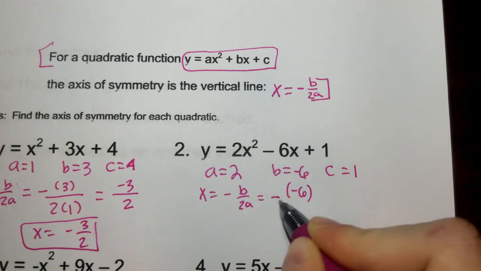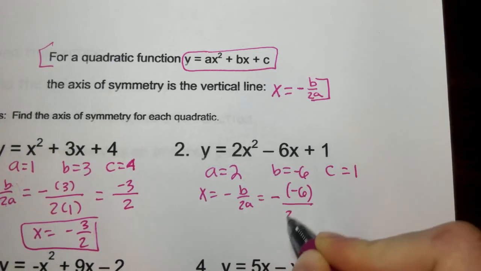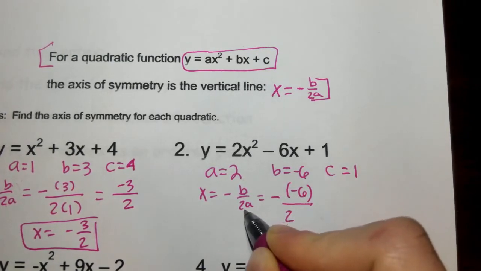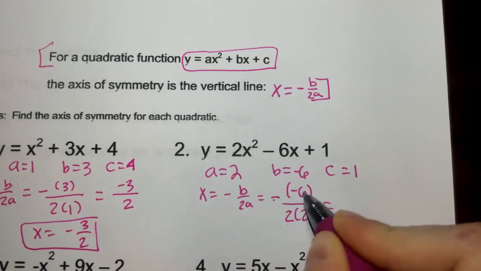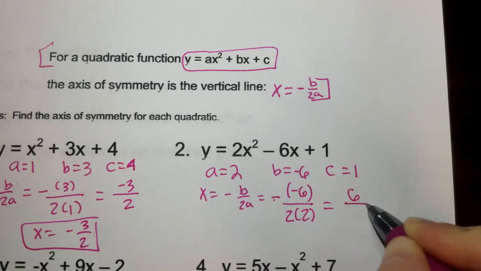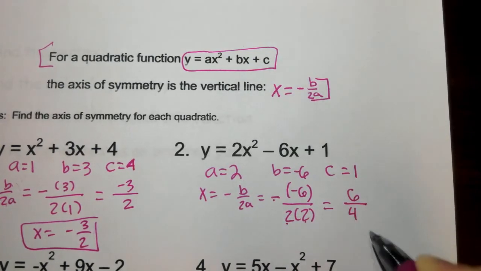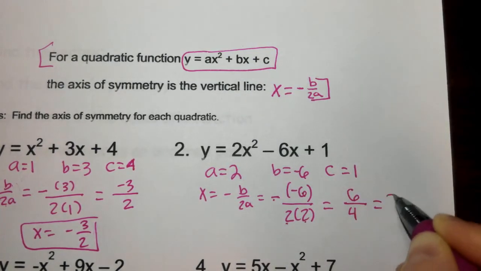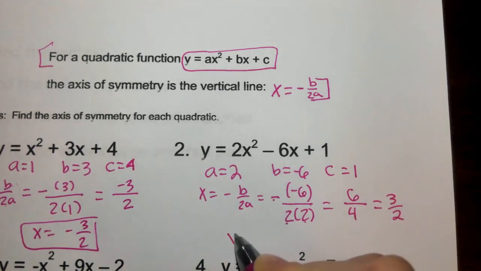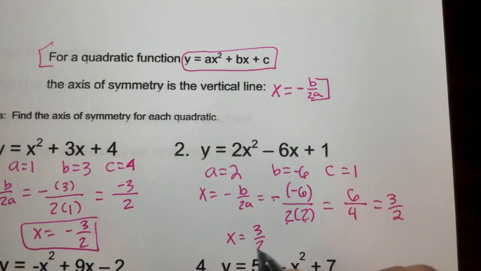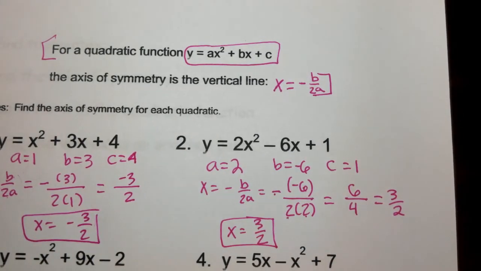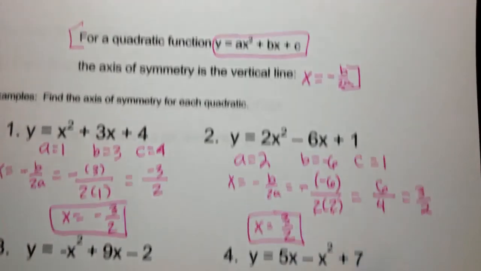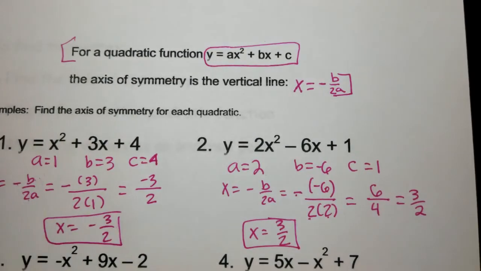See how you want to be very careful with all these negatives. 2 times A, which is 2. What's a negative times a negative? It's a positive 6. 2 times 2 is 4. We do want to reduce this to 3 over 2. So your final answer for that one, your axis of symmetry is 3 over 2. You can write it as a decimal if you want, but most of the time you're going to see me leaving it as a fraction.